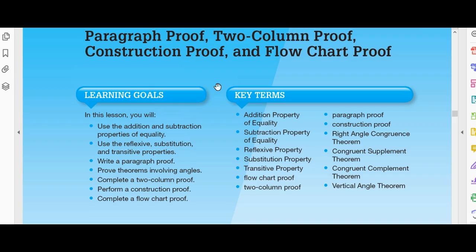Then we started also talking about some of the properties of equality that we can use to manipulate equations. We talked about how you can subtract the same thing from both sides to solve a problem, and we called that the subtraction property of equality, right? We also said you can add the same thing to both sides and the equation stays equal, and that's the addition property of equality.